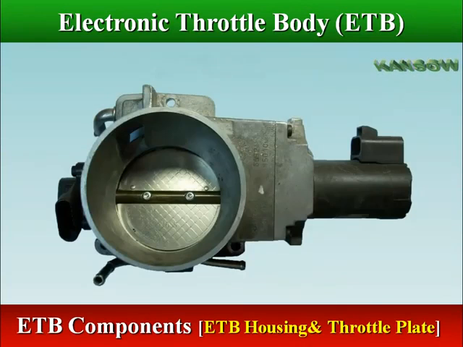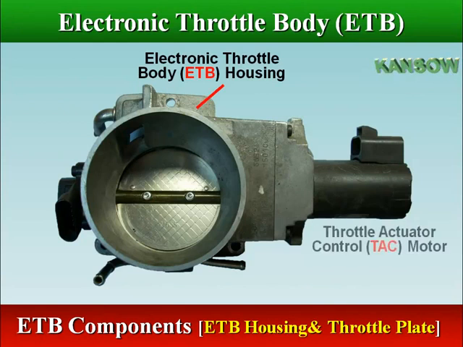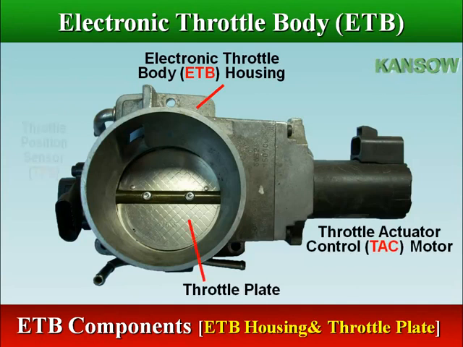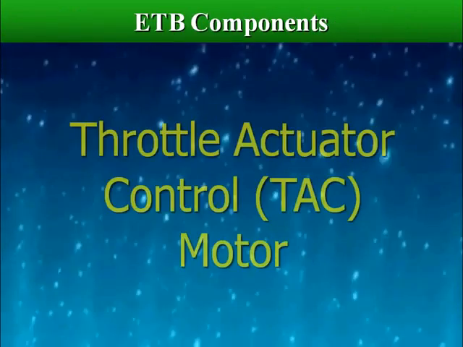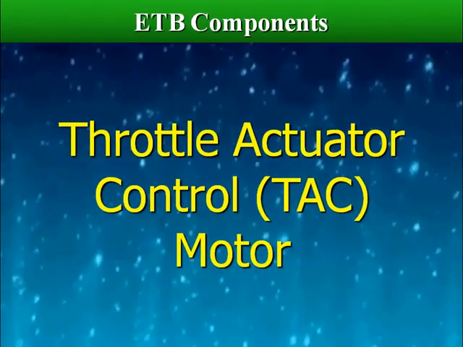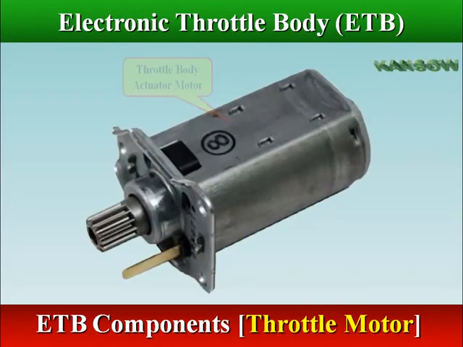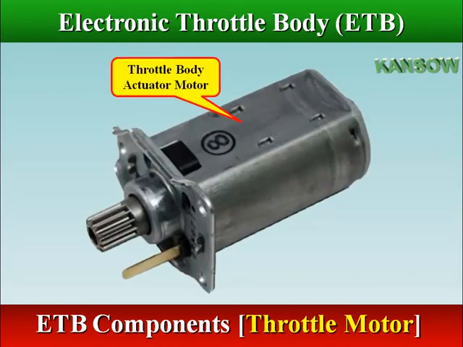The largest piece inside the throttle body is the throttle plate, which is a butterfly valve that regulates the airflow. The throttle body actuator motor is a 12-volt DC electric motor.